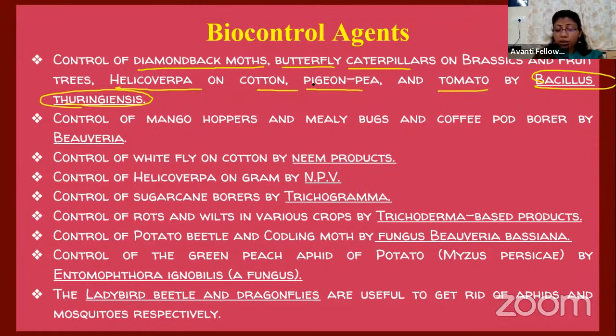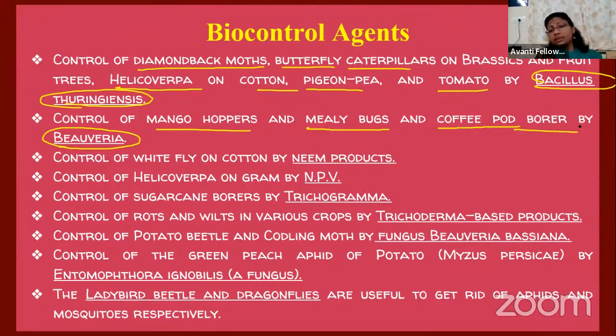So they are used against several pests and insects depending on the different species of plant. Now next we have Beauveria. This Beauveria is used to control the mango hoppers and the mealy bugs, right? And the coffee berry borer.